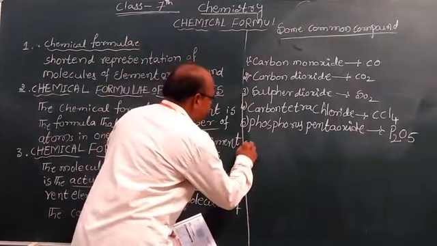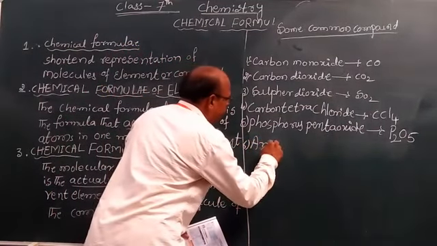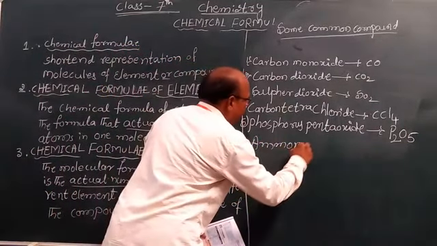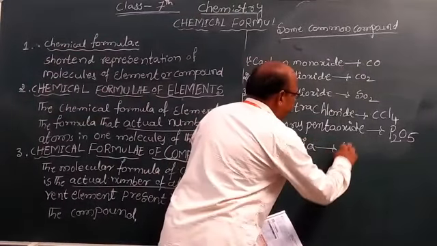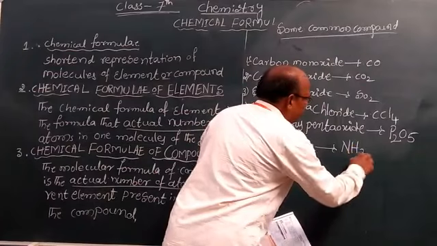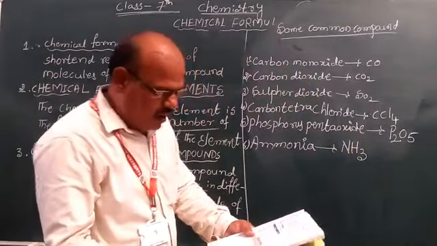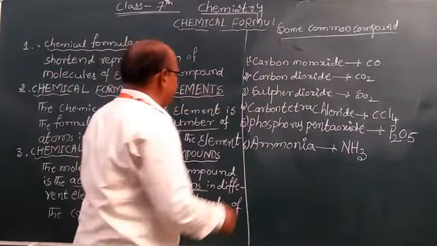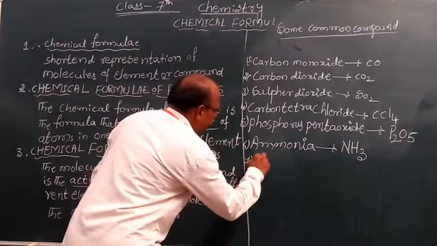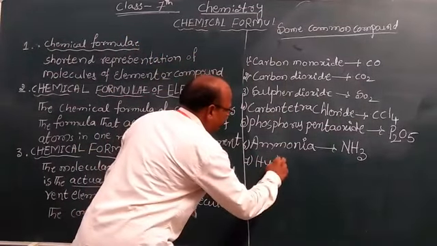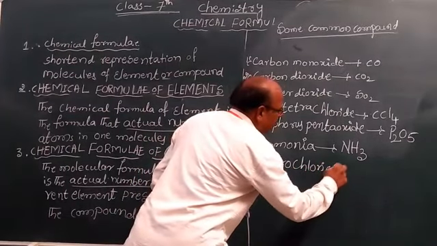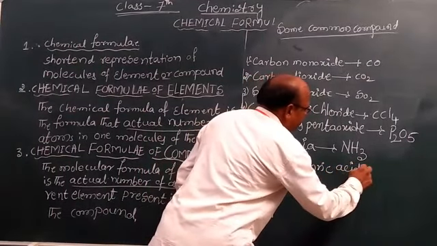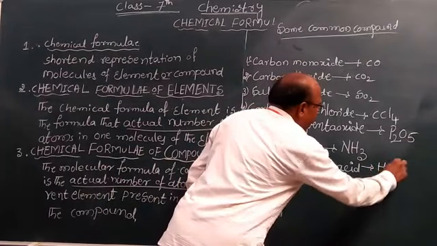The sixth one is ammonia, NH3. NH3 is the formula. Now, hydrochloric acid, HCl.